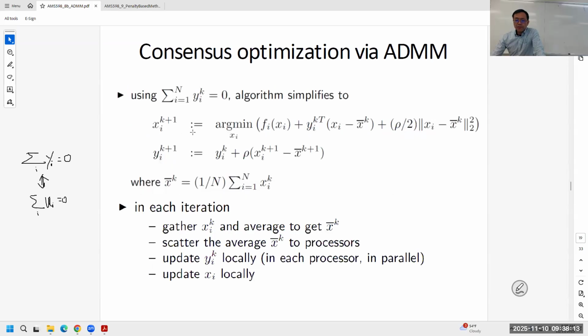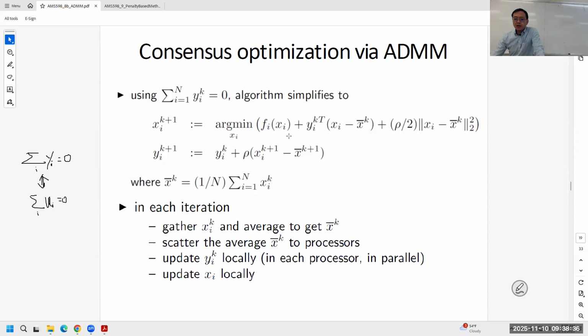So let's set the results aside. With this result, the algorithm above can simply be simplified to the following. When you update, for each segment of data, you try to minimize fi(xi).